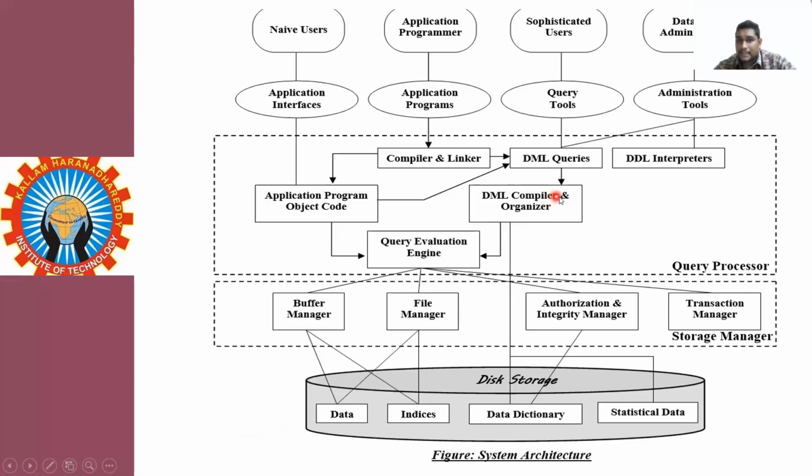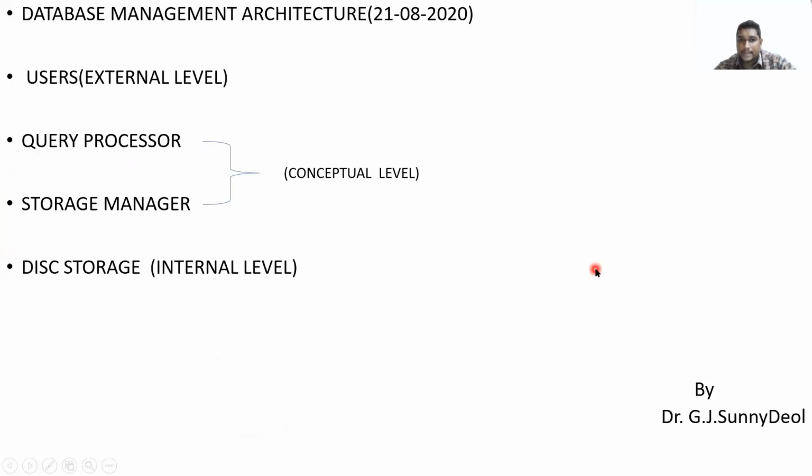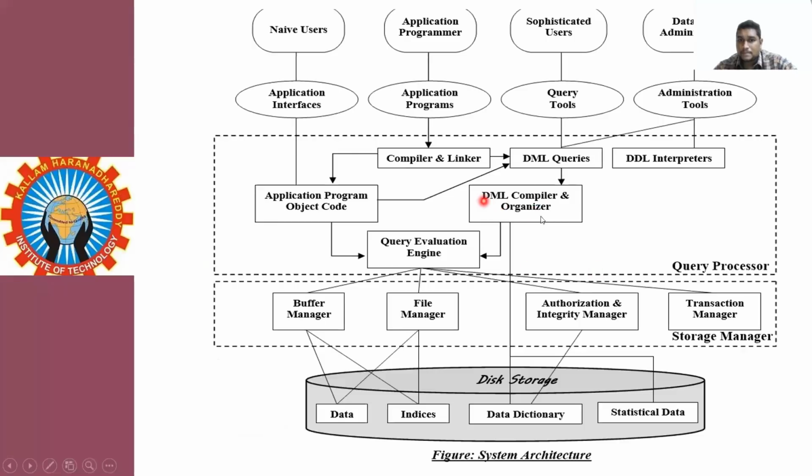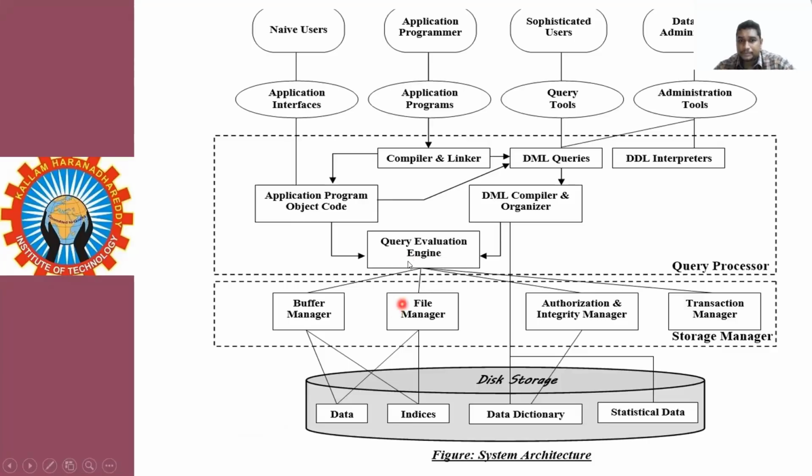First is the parser, which checks syntax and semantics. The next one, which we are discussing, is the optimizer. And the last one is the evaluation engine. Clear?